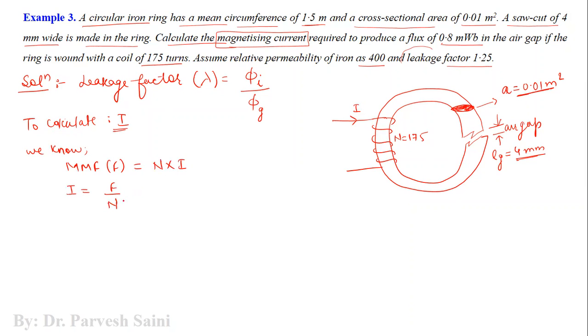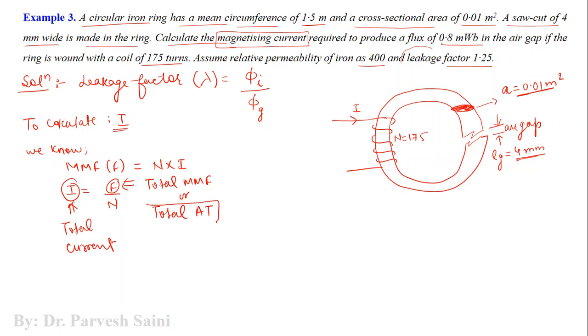So that means we have to find out the magnetomotive force, because this is the total current. So that means this is the total MMF, or total ampere turns.